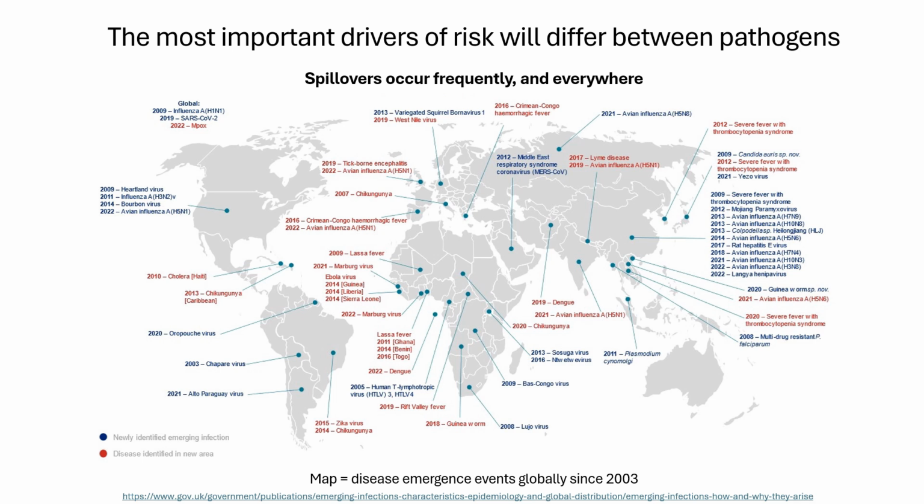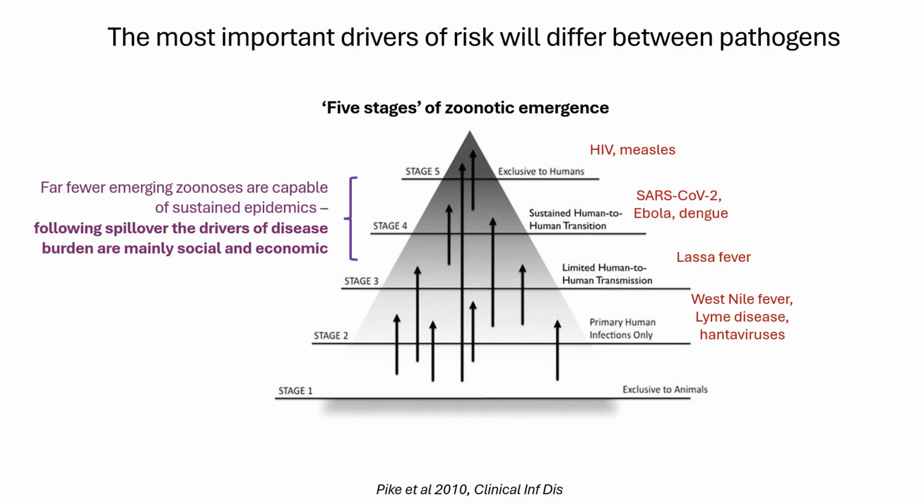So we are seeing spillovers from wildlife occurring all the time. But on the other hand, these sorts of epidemic pathogens like Ebola and Zika, or pandemic pathogens like COVID-19, these sorts of outbreaks are much rarer events. So far fewer pathogens have the biological capacity to emerge and spread effectively like this, at least initially.